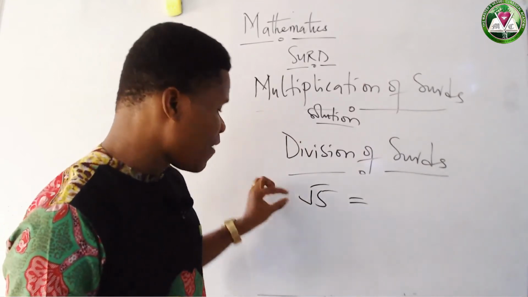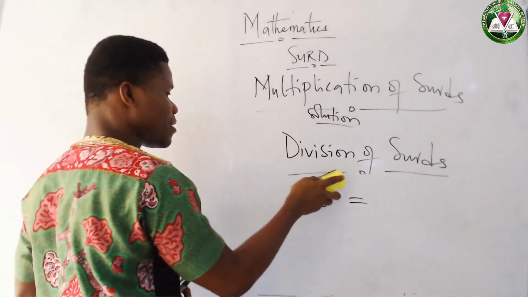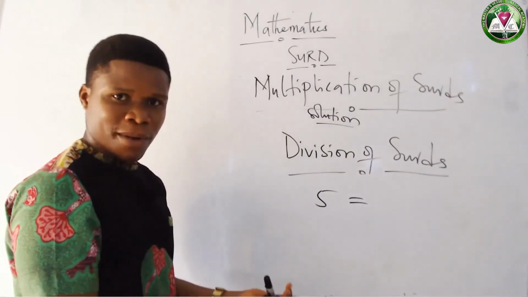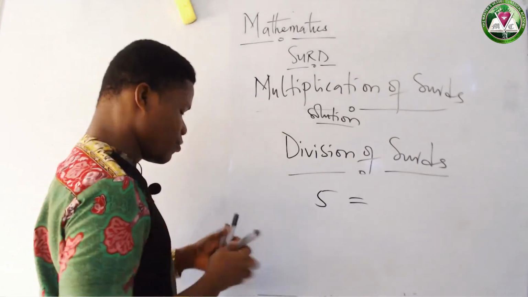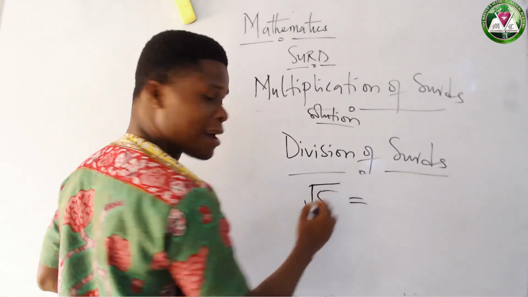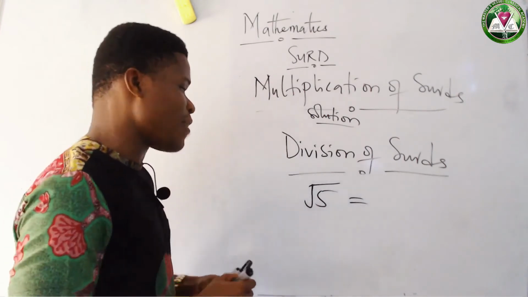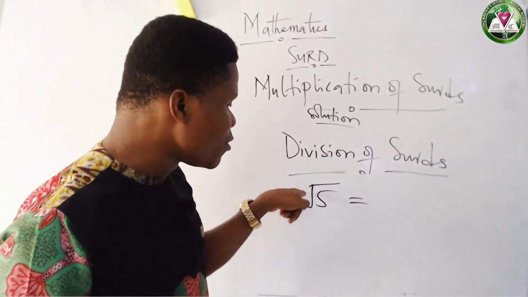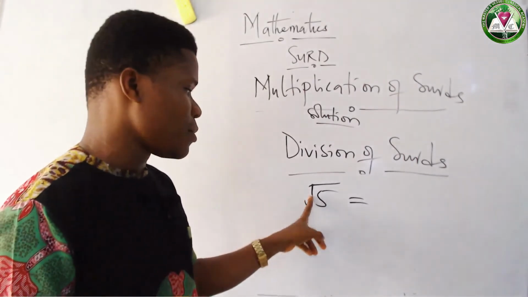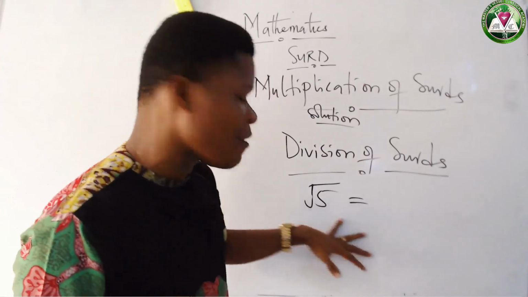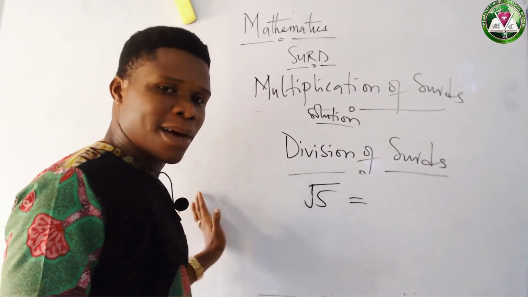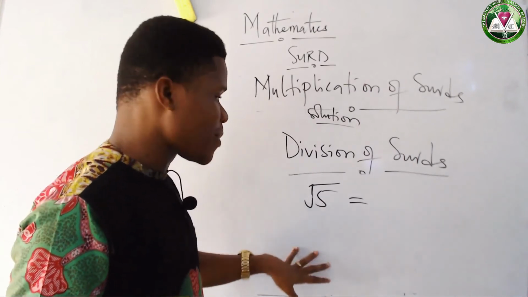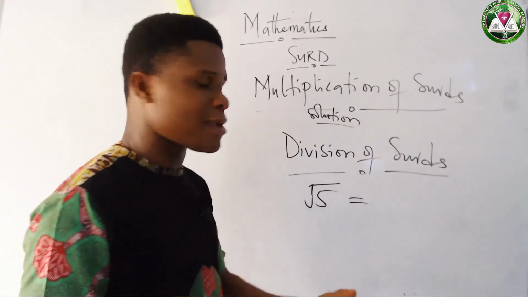How can it be a whole number? If I clean up this square root, this is a normal 5, a whole number. But if I put back the root, it's not our normal 5 now. This is the square root of 5, which we call root 5. So in rationalization, we try as much as possible to remove these roots from the 5. If we remove the roots from the 5, it's no longer an irrational number. It becomes a rational number, and from rational, that's where we get the word rationalize. Make it rational.